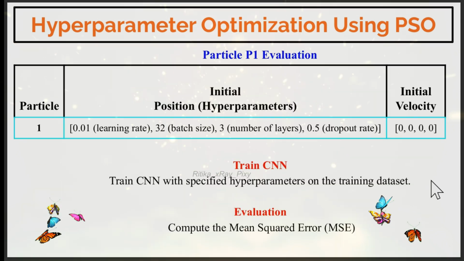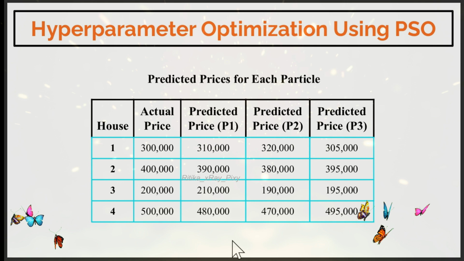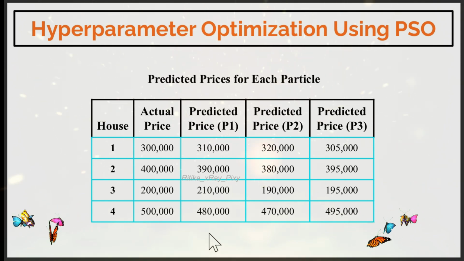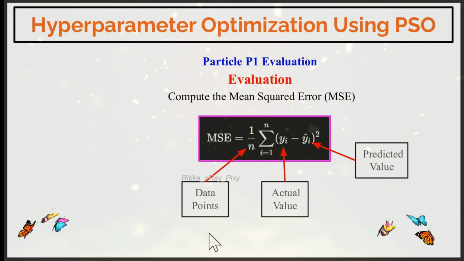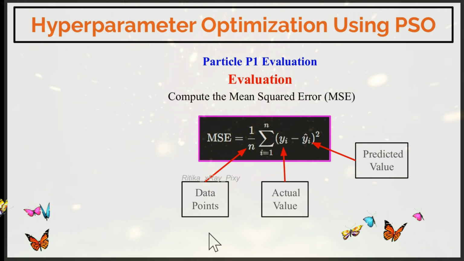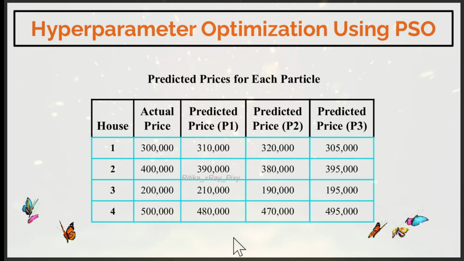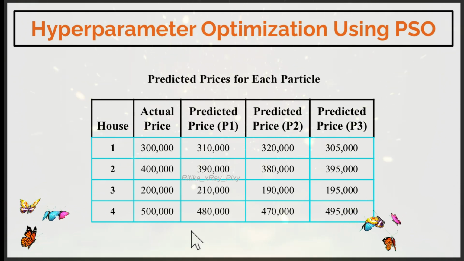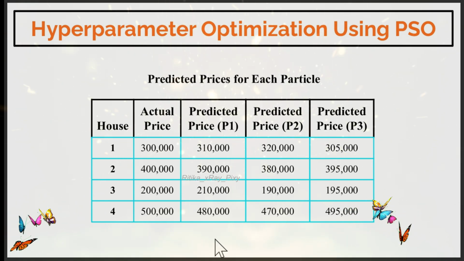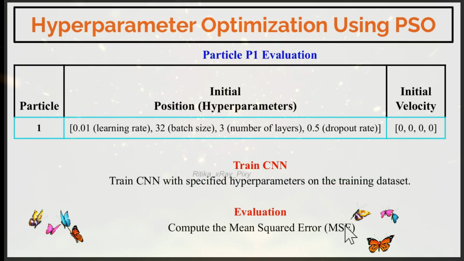First we will assume the predicted prices for each particle, because you can see in this formula, when we are computing the mean squared error, it is actual price minus predicted value. So initially we will assume the predicted prices for each particle. You can see here we have the actual prices and the predicted prices for the first particle, second particle and the third particle. We will compute according to this formula.